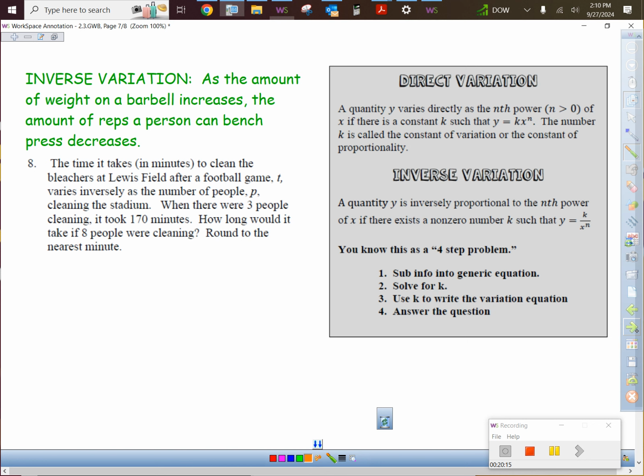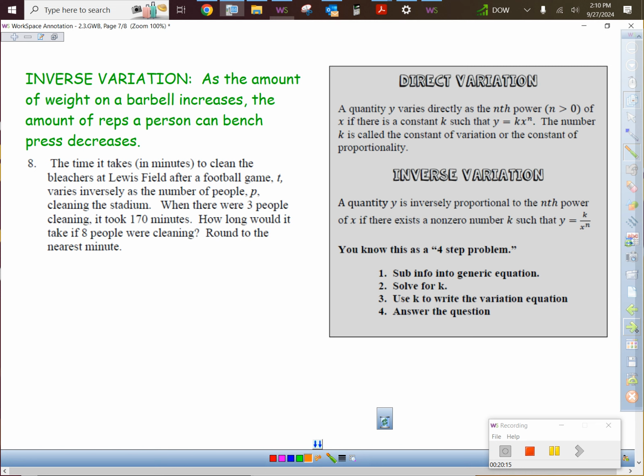I don't care how strong you are or how weak you are. If you had the bar, empty, and you were bench pressing, you could do a certain amount of reps. What if we increased the weight on that bar? Would the amount of reps you do go up or down? They would go down. I don't care how strong you are. As the weight goes up, the reps go down. Are you with me on that?